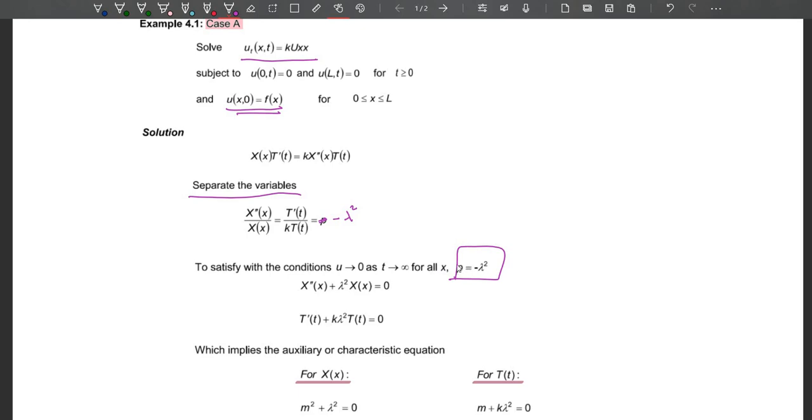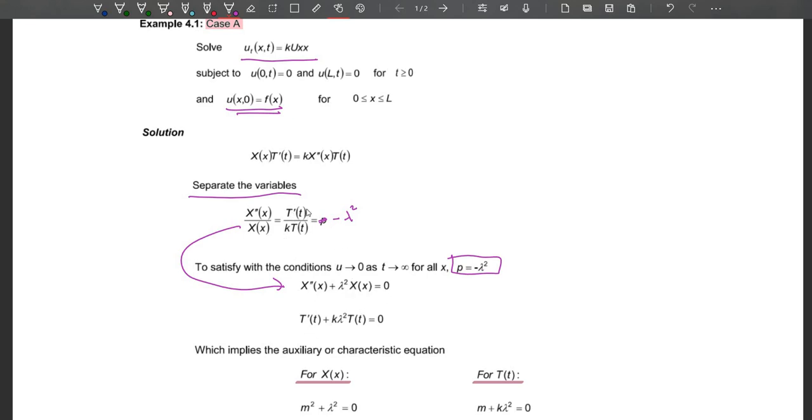There is a reason behind the choice: the temperature should approach 0 when t approaches infinity. Hence the equation here will be X''(x) + lambda squared X(x) = 0, because we bring the denominator to the right.